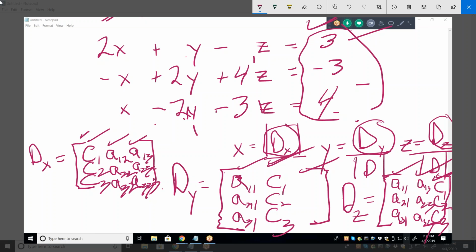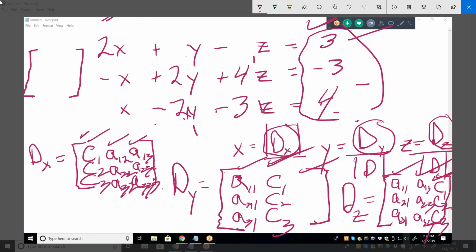We need 4 things. We need just the determinant of the left side, and then we need the determinant sub x, the determinant sub y, and the determinant sub z. Boy, this is the one place where I just don't have enough room, but I'll write real small. I think once we write it out, you're going to know how to do it for sure.